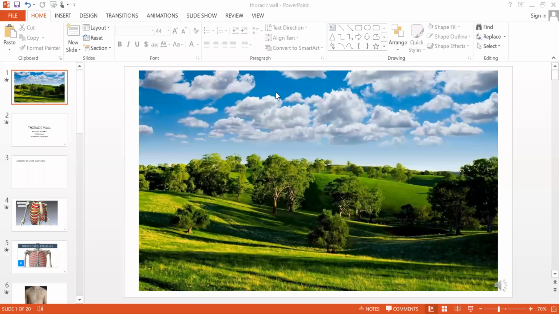And beneath that is the deep fascia. Actually, the skin is really gliding up and down over the chest wall. Now, as you know, the chest wall consists of bones, which are 12 pairs of ribs.